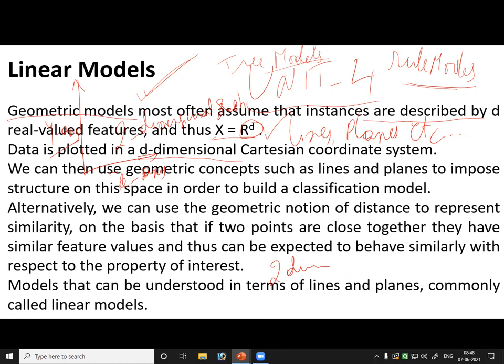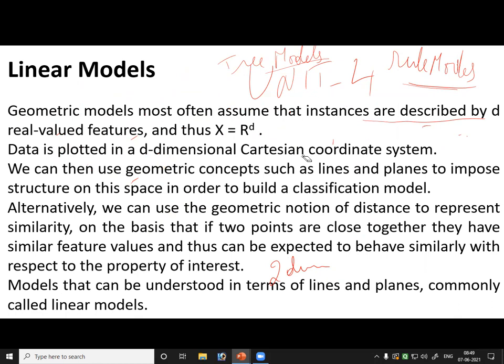And here we say D-dimensional graph, that is 3 dimension, 4 dimension, n dimensional. If it is 2-dimensional, we call it a line. If it is more than 2-dimensional, it is called a plane. Hope you understood my difference, right?